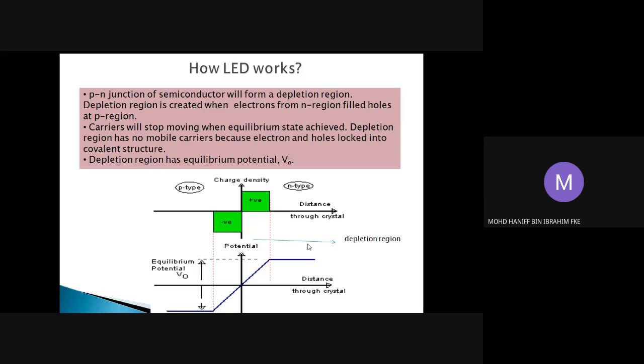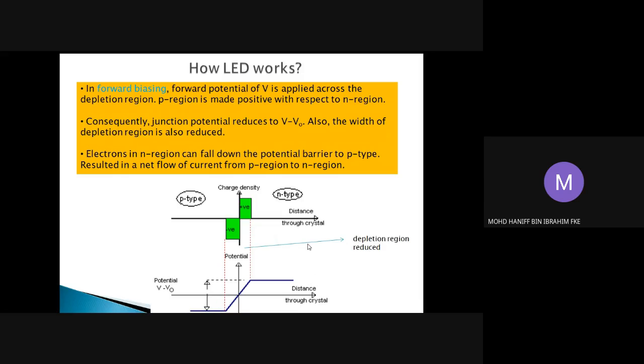Now, when we apply a current in forward biasing, the positive terminal is connected to the P-type material, whereas the negative terminal is connected to the N-type semiconductor, or what we call the anode and cathode.